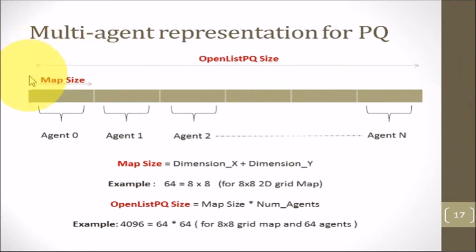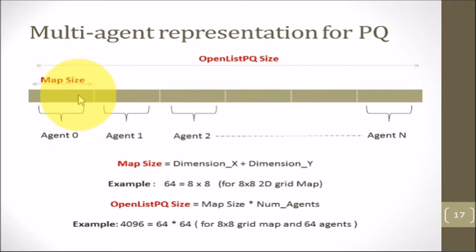Within the open list, each agent has a block equal to the map size, which is its priority queue. This is the priority queue for agent 0, this is the priority queue for agent 1, and so on.